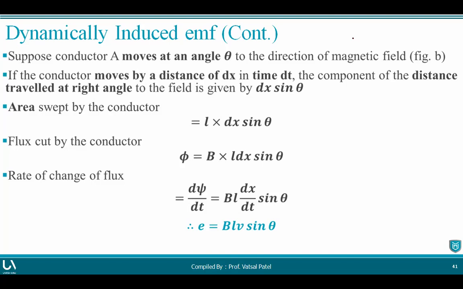If the conductor moves by a distance of dx in time dt, the same parameter we discussed in the previous part, and that component of the distance travels at a right angle to the field, can we say it is perpendicular to our magnetic line of force? Yes or no?